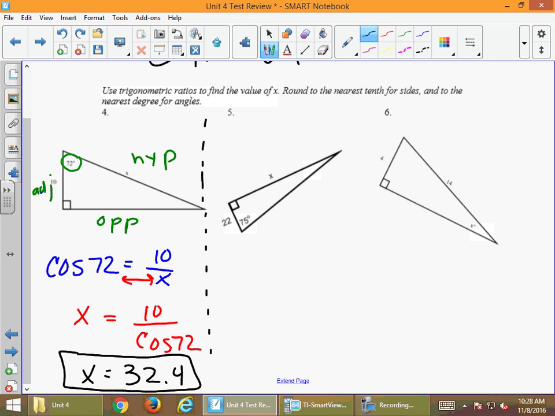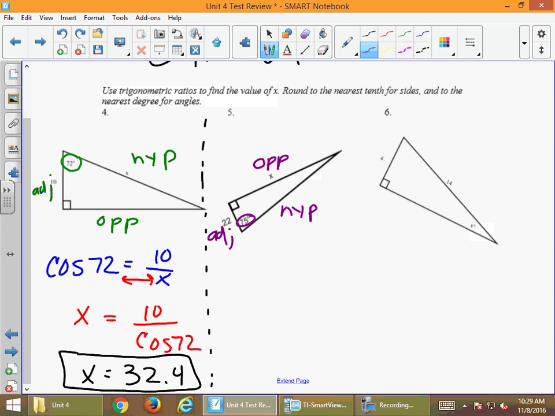Number 5 is very similar. Again, start at your angle. Across from your angle, we label that as our opposite. Across from your 90, your hypotenuse. Side left over is your adjacent. Every time. Then look and see what pieces do we have.